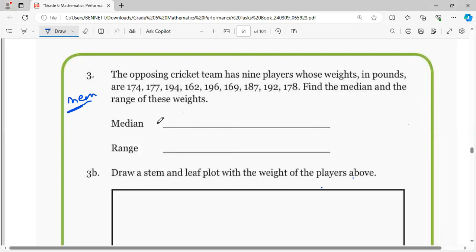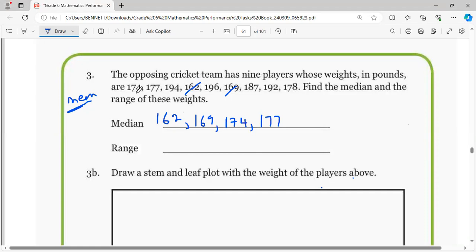160. 162. 169. 174. Wait guys, take your time. 177. 178.